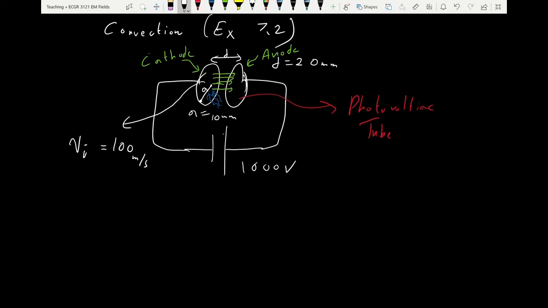It's a photovoltaic tube, and the other thing that the problem gives you is the actual current flowing in the circuit. Because the electrons are jumping across the gap and hitting the anode, there's a current flowing in the circuit, right? And the current flowing in the circuit, call it I, is 0.01 amps.